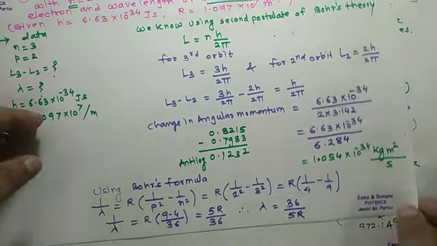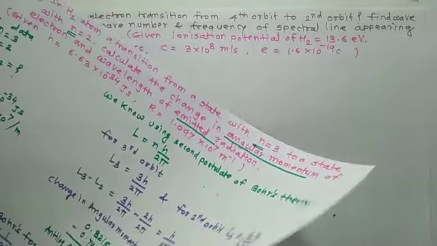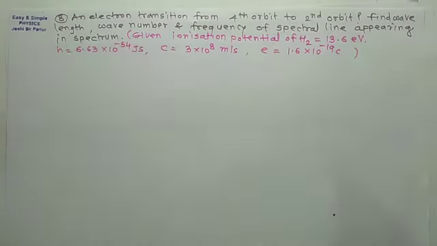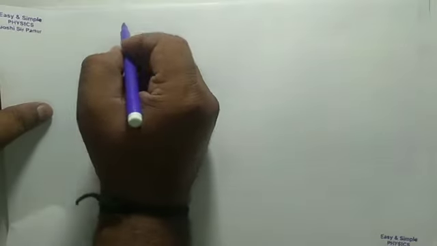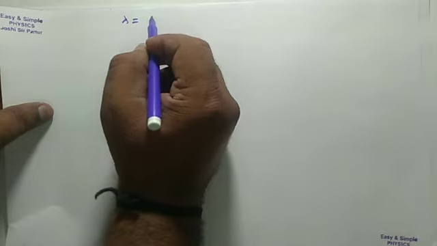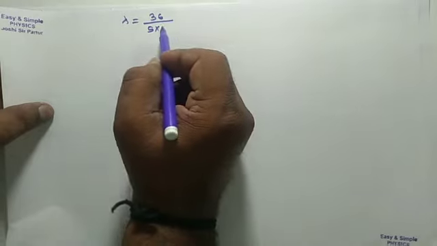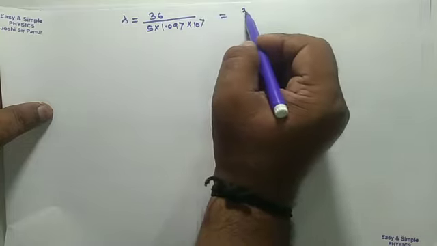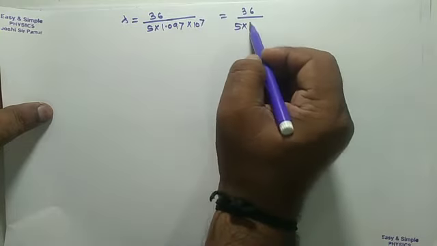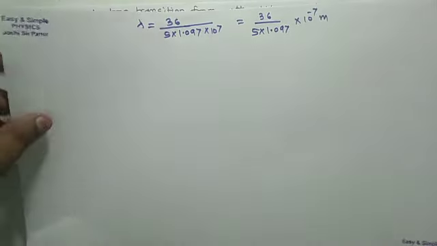If we substitute the value of R in this example, so we can calculate wavelength. So lambda is equal to 36 divided by 5 multiplied by 1.097 into 10 raised to 7, which is equal to 36 divided by 5 multiplied by 1.097 into 10 raised to 7 meter.